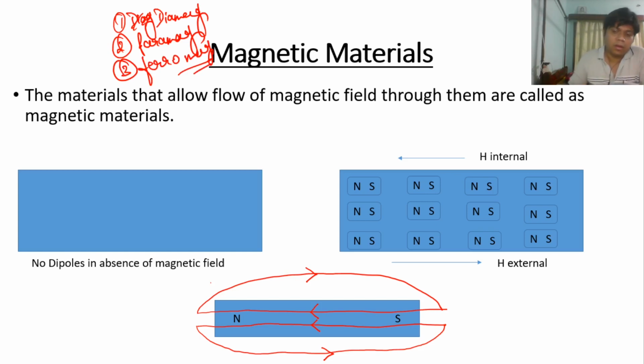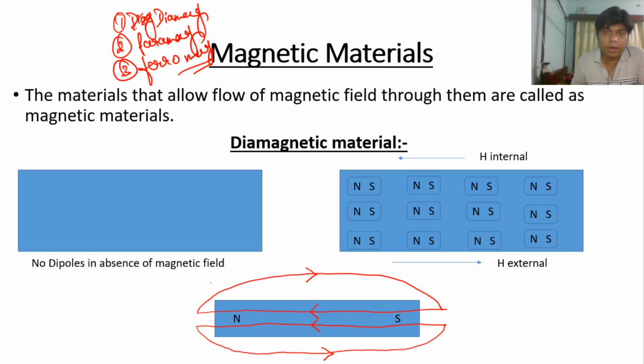Let us try to understand what happens in a diamagnetic material before applying the external magnetic field and after applying the external magnetic field.